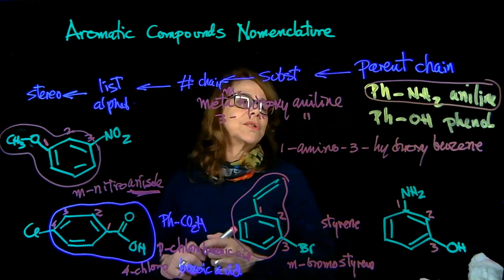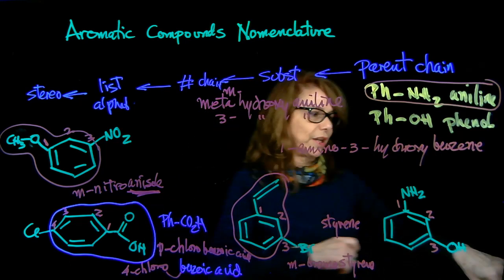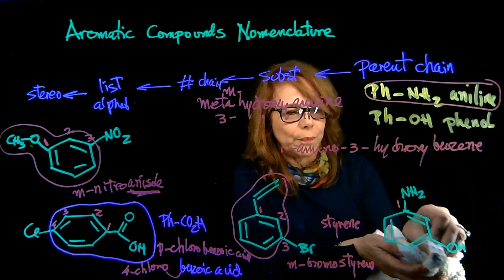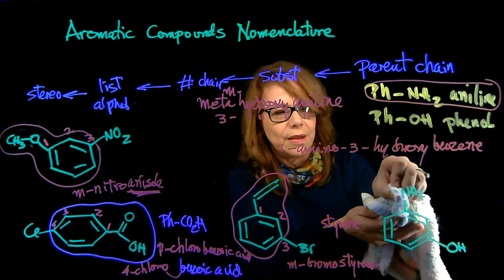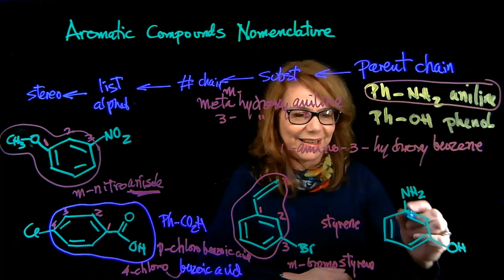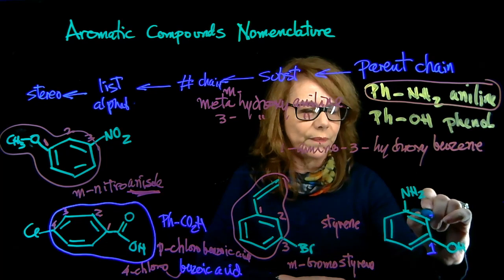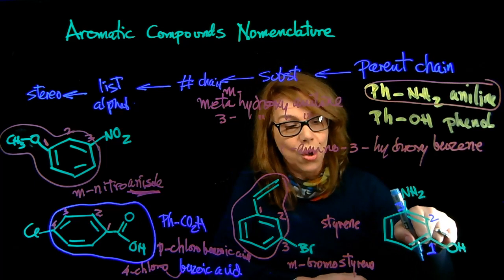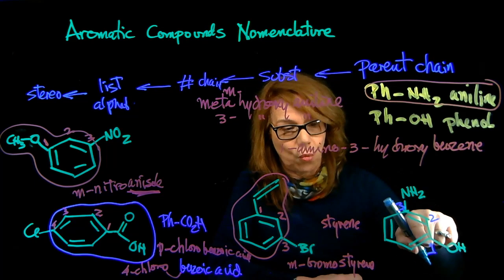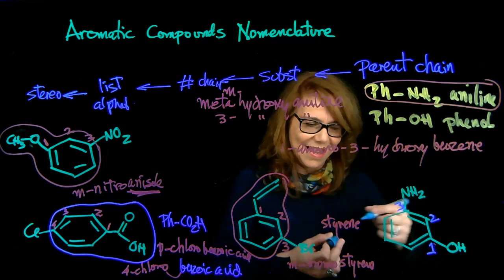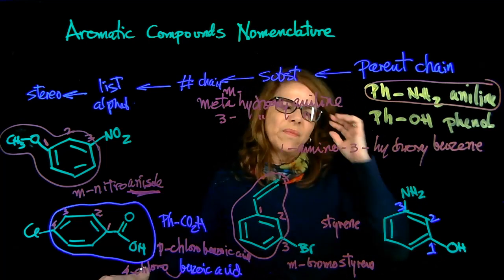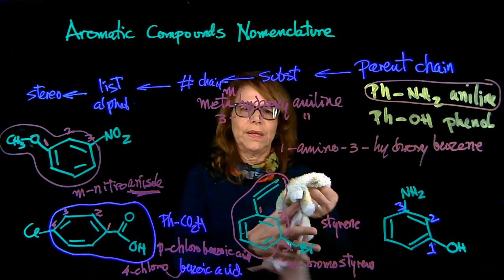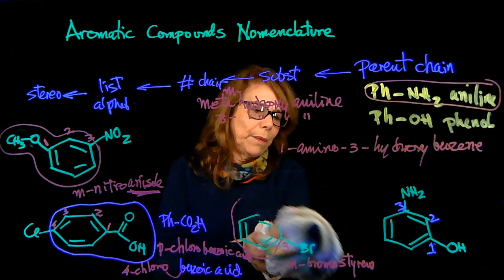Now, if I choose phenol as my parent chain, I am going to change the numbering, because now phenol is my parent chain. My carbon number 1 is this, so 1, 2, and 3. And again, remember, we give the smallest number possible, so we do 1, 2, and 3, and not 1, 2, 3, 4, like that. Okay, so if my parent chain is phenol, let's write what it would be.